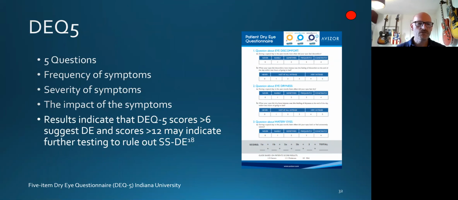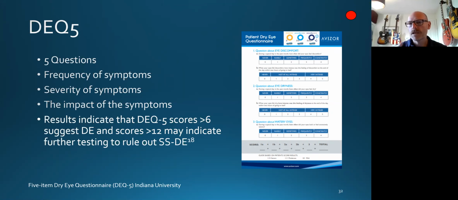Now, I'm referencing the DEQ5 from Indiana University here when I talk about the scoring. So applying a score based upon the answers to the questions, a score of greater than 6 would indicate dry eye. A score of greater than 12 may indicate further testing to rule out more significant types of dry eye.